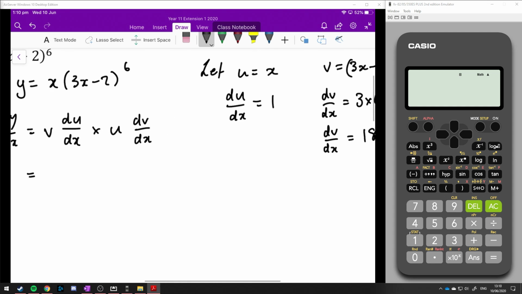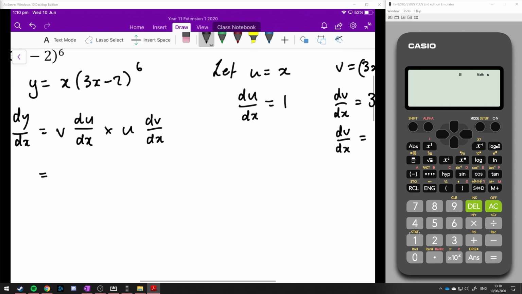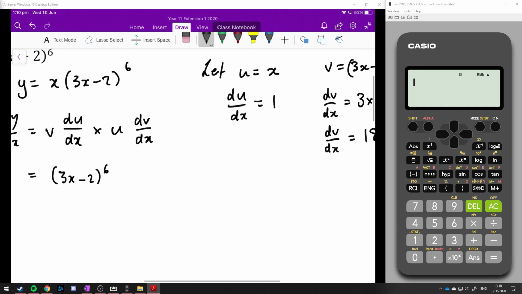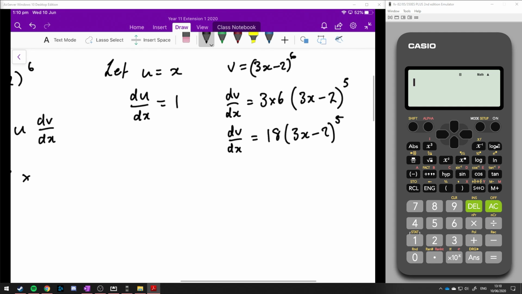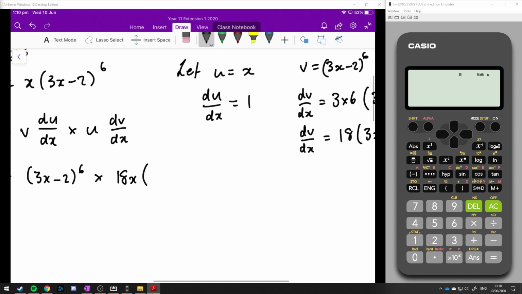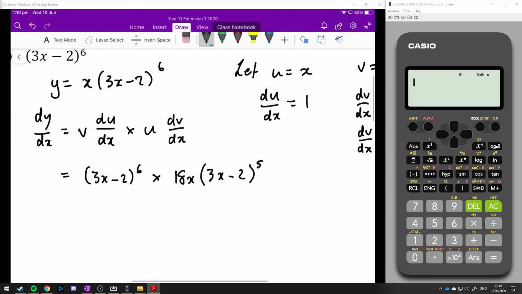We'll start with du dx, which is just 1, and then v is 3x minus 2 to the power of 6, plus u, which is x, lots of 18, so that's going to be 18x lots of 3x minus 2 to the power of 5 again. So just like that one there.